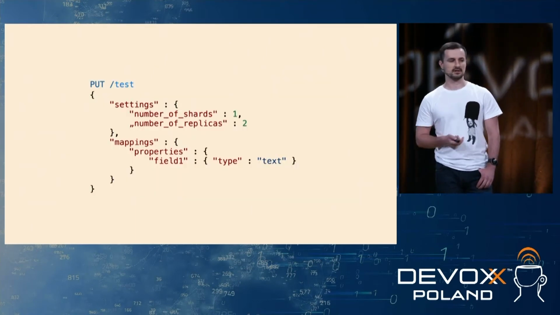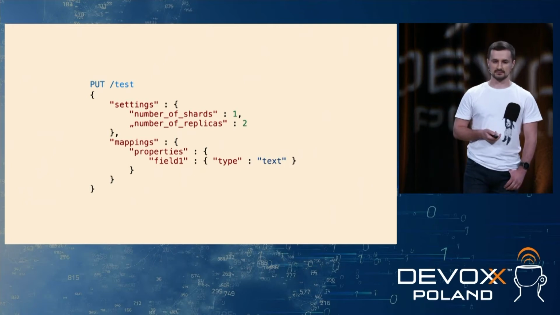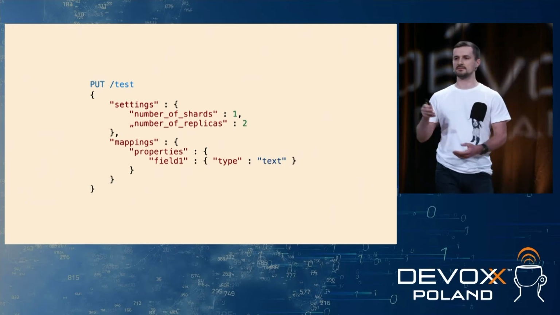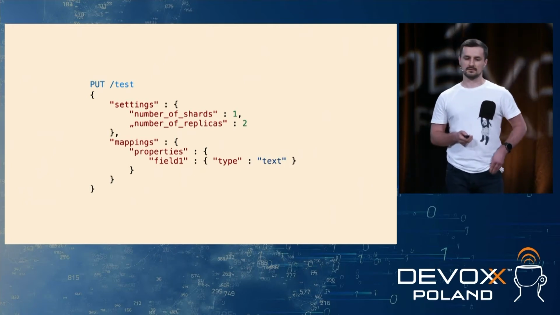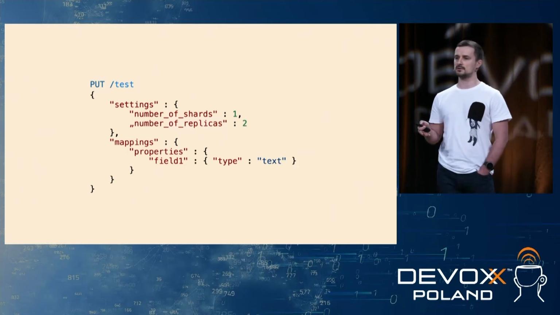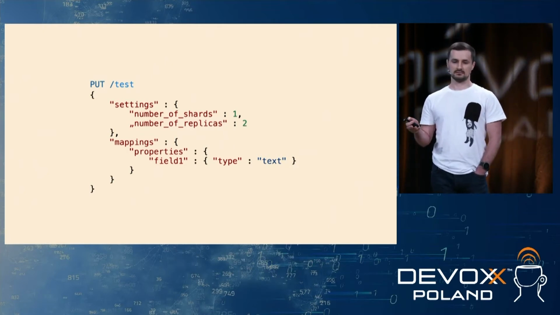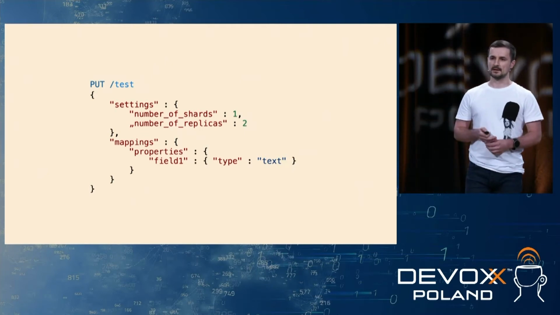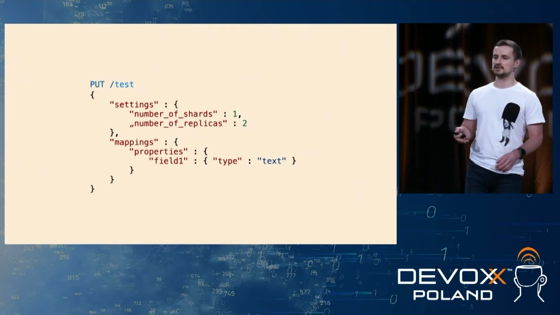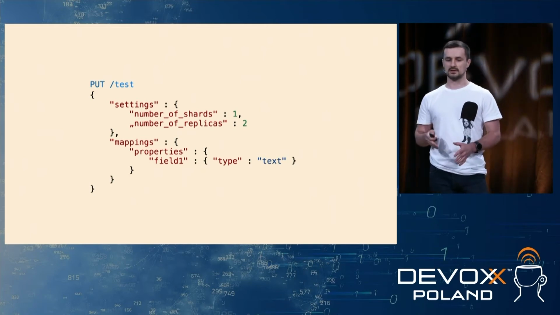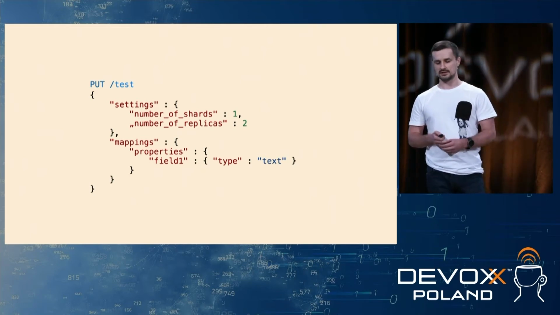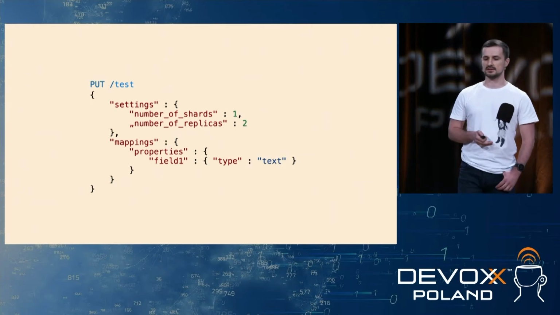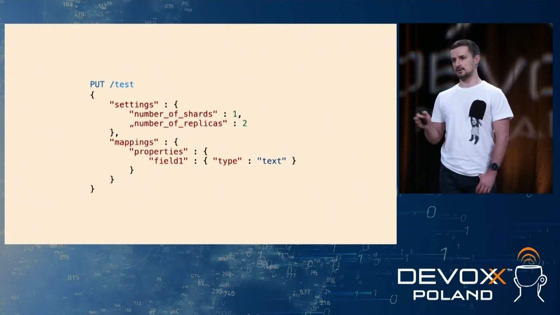So let's see how we can create this mapping. This is a simple example of a query. We're going to operate on queries here, on HTTP requests, because I want it to be language agnostic. There are APIs in other languages, but let's focus on just the requests in JSON. You can see that there's the number of shards, number of replicas, but we don't care about this for now.